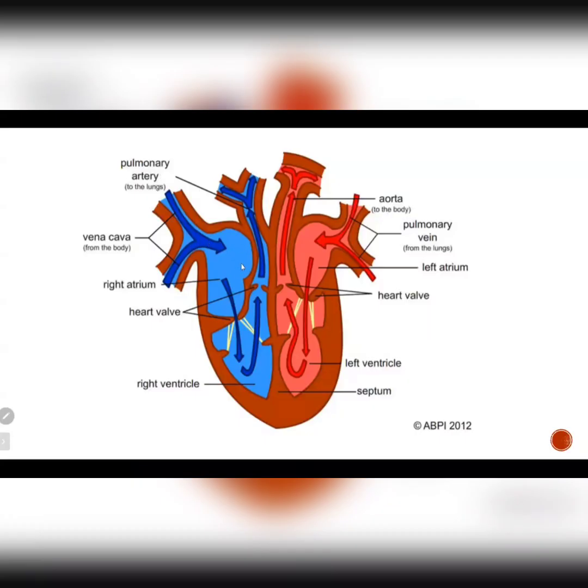Then the blood goes into the right atrium, the right ventricle, and to the pulmonary artery. Then you know that the oxygenated blood through pulmonary vein enters the left atrium, the left ventricle, and then to the aorta. Yes, this is how you had learned it in your school, right? This is the diagram that you had learned.